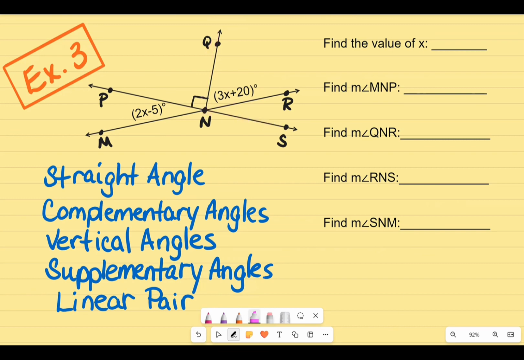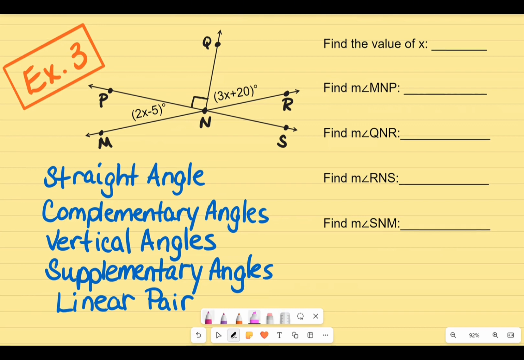I have vertical angles, two lines that intersect and meet at the same vertex. And then I have supplementary angles and a linear pair right here. It's a lot going on. So keep up with what type of angle you're working with, and that will help you determine whether you're setting them equal to each other or setting it equal to 180.